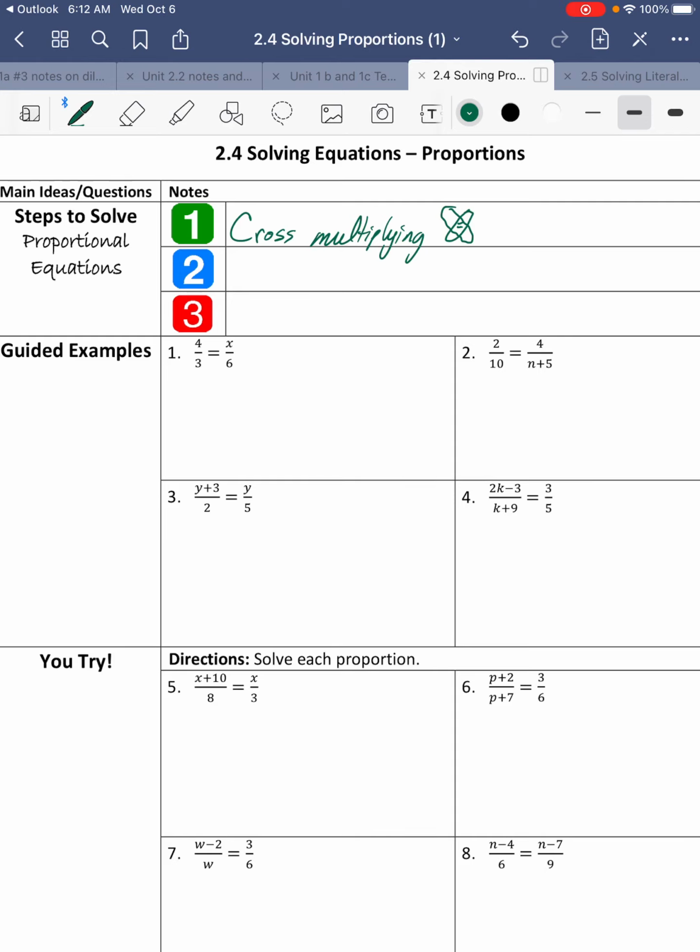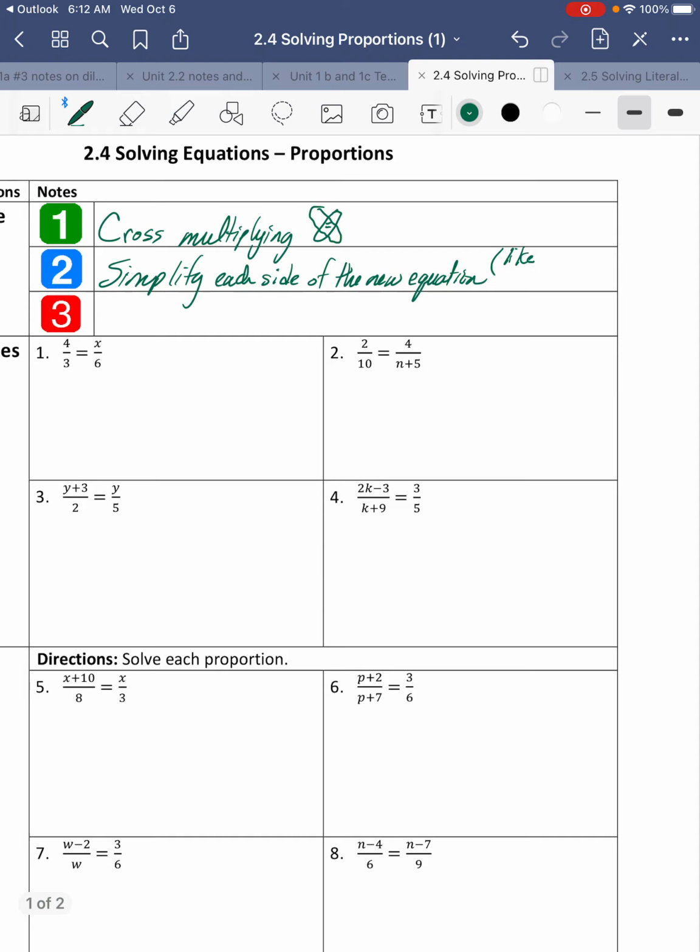So after you do that, then you will simplify each side of the new equation, which is like terms and distributing.